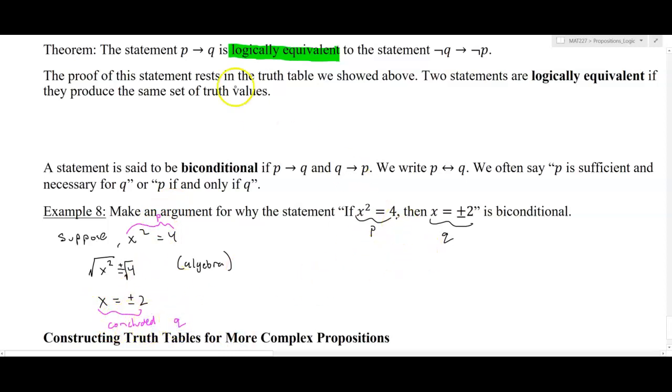If we write the converse of this statement, if Q, then P, the statement that we would generate is if x equals plus or minus 2, then x squared equals 4. Well, let's prove it.